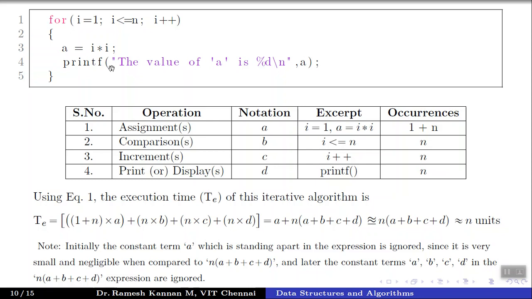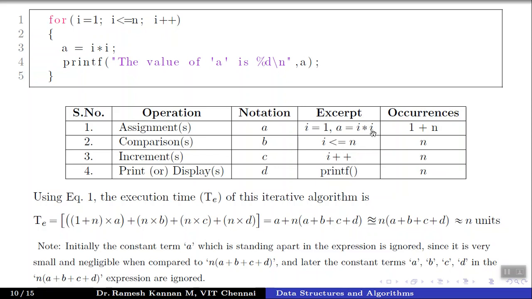Let's compare this with our standard table of assignment operations. Here we have I equals 1, so this is one assignment. A equals I into I is also an assignment, but it is in the loop. The assignment I equals 1 happens once.